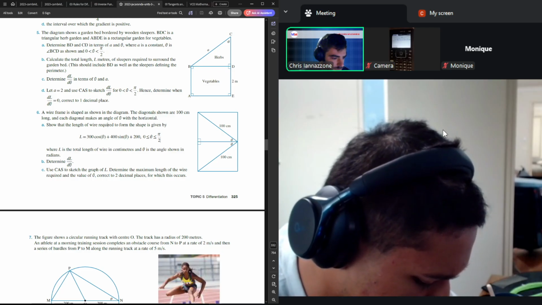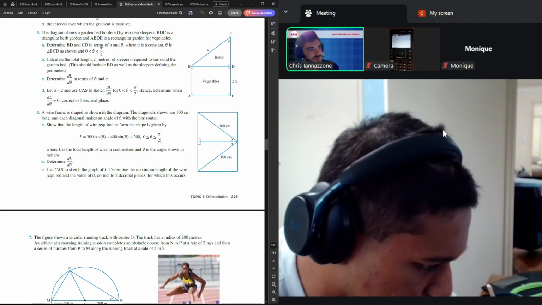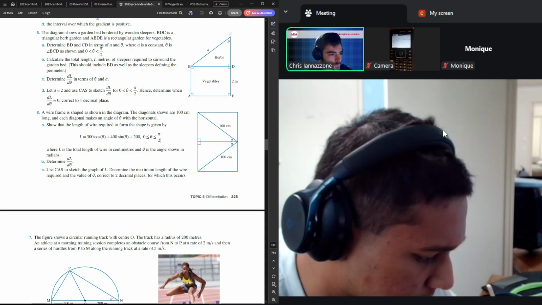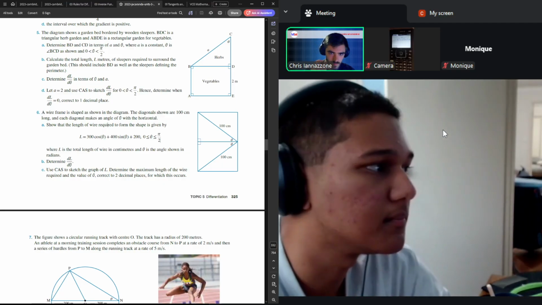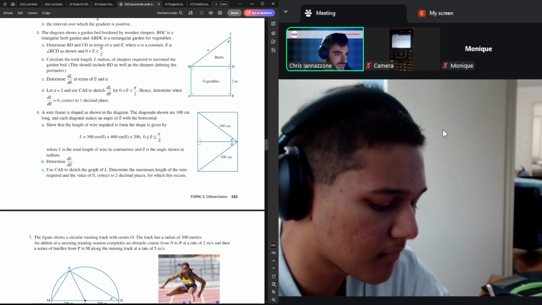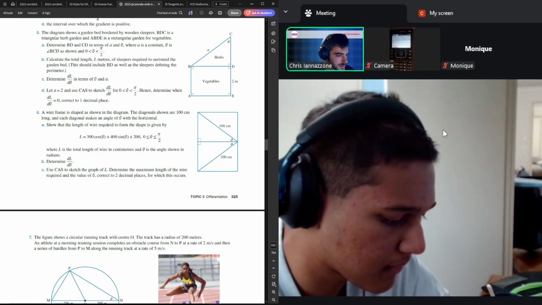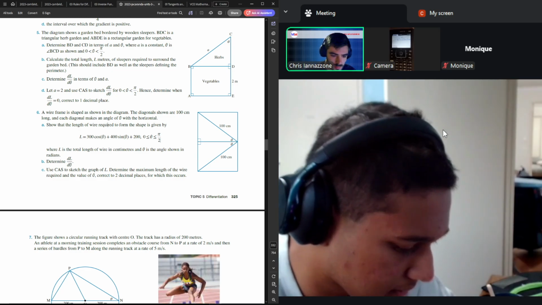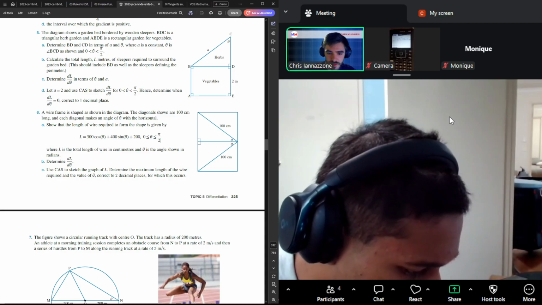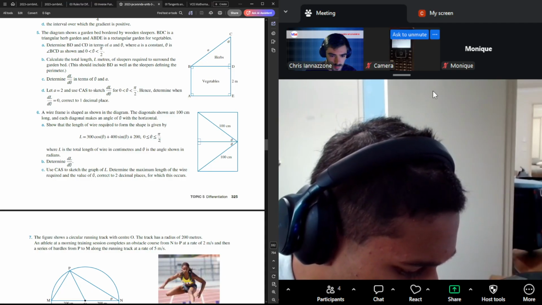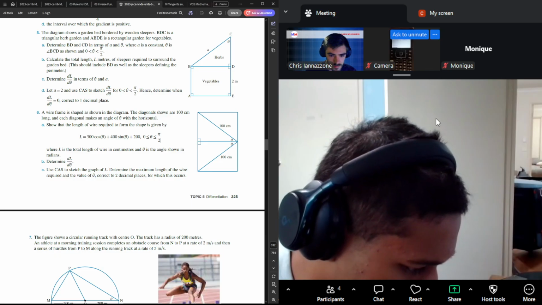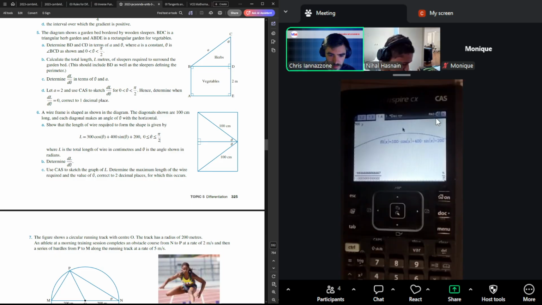Whatever function it looks like you define it in the CAS. Maybe just on the calculator tab, type in the function name and see if you get exactly what you expect it to look like. I'll just copy and paste it.